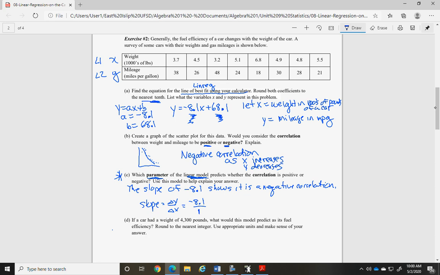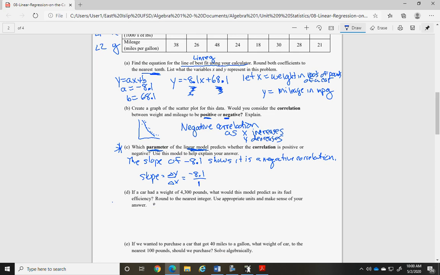So when we see 4,300 pounds, this means to use x equals 4.3. Right? If I took 4.3 and multiplied it by 1,000, I'd get 4,300 pounds. So this is the x we have to use in the equation that we found.